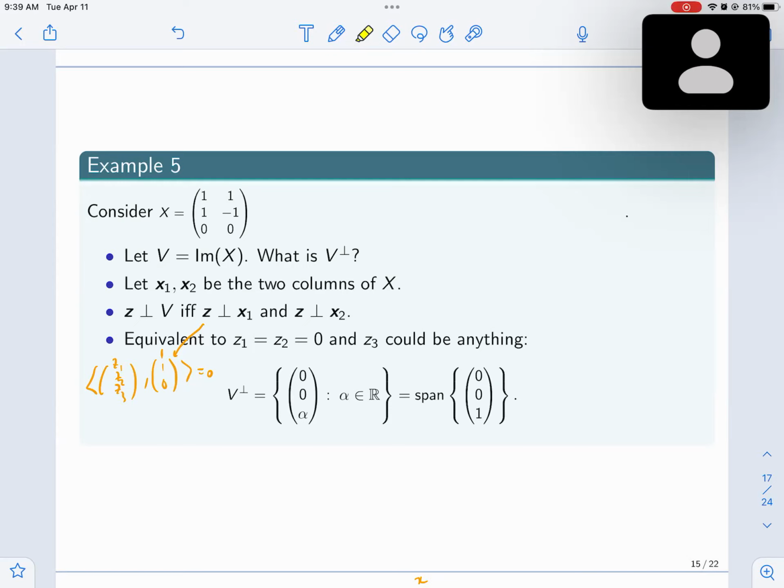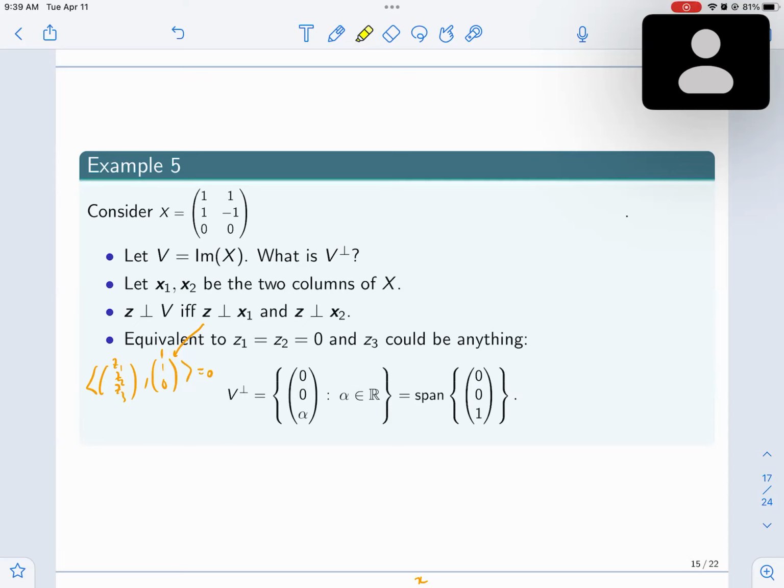And so if you want to compute the orthogonal complement of the XY plane, you can try to compute the orthogonal complement of the image of X. The orthogonal complement is the set of all Z's that are orthogonal to V. And this, if you think about it a bit, is equivalent to being orthogonal to every column of V, because everything in V can be written as a linear combination of the columns. So it's enough to be orthogonal to X1 and also orthogonal to X2.